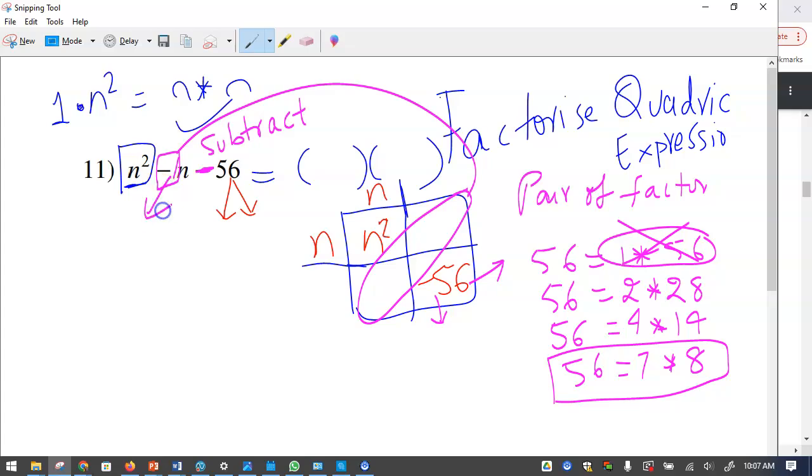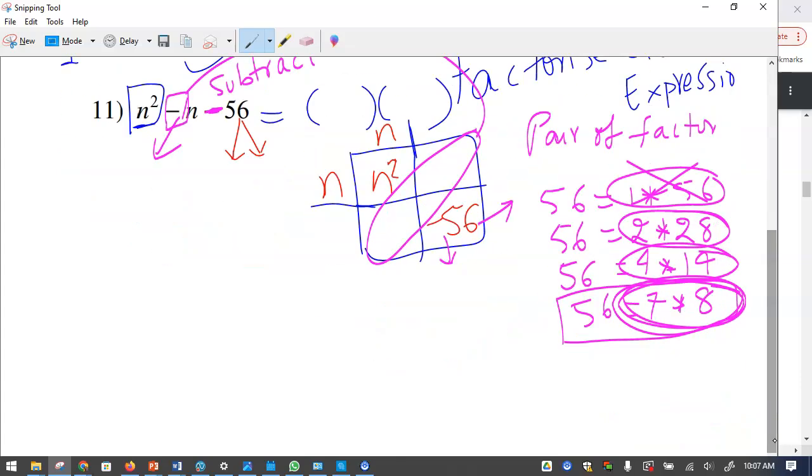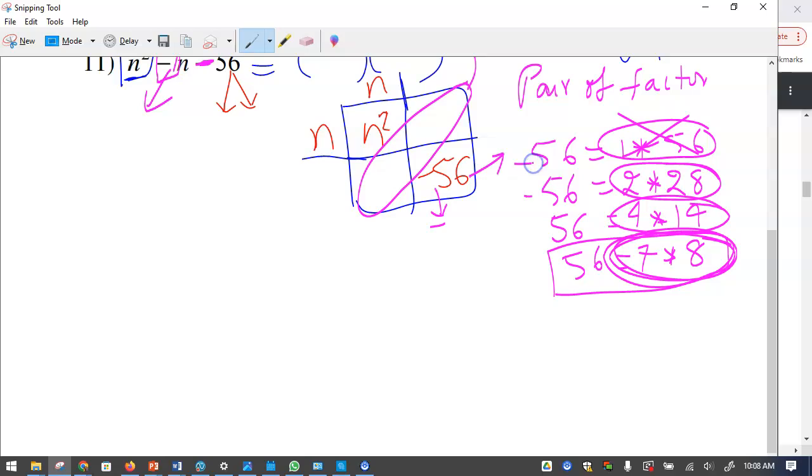You're supposed to get a minus 1. If you subtract 2 from 28, it will never give you 1. This also. So this is the only option left, 7 times 8 is 56. But because this is minus 56, one of them has to be positive and one of them negative.